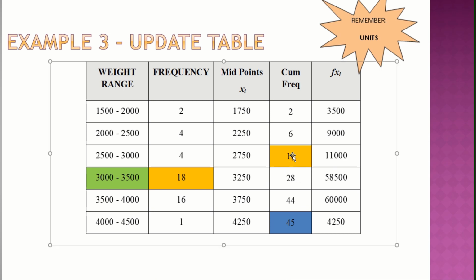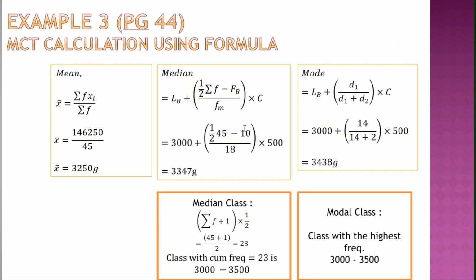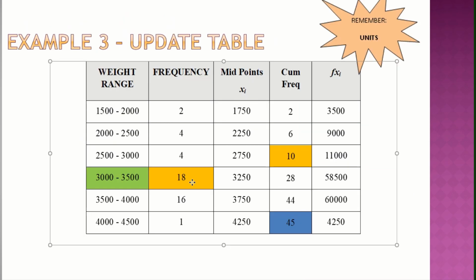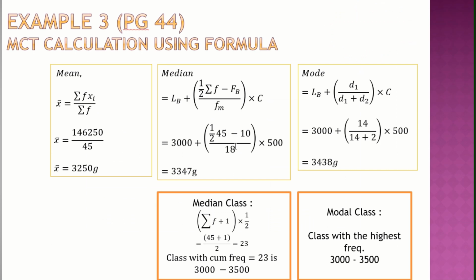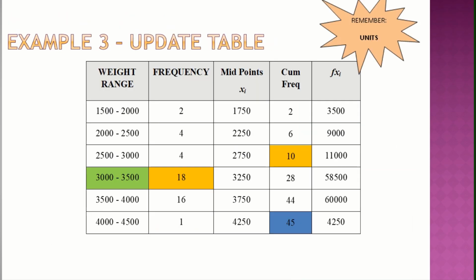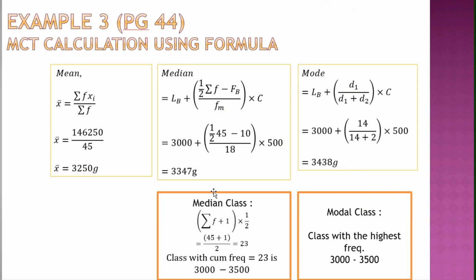Cumulative frequency before that will be 10. Minus 10 over frequency of the median class, which is 18. So 18 times 500. What's 500? The size of the class, meaning how big my class is. Then you compute the whole thing, you'll get 3347 grams.